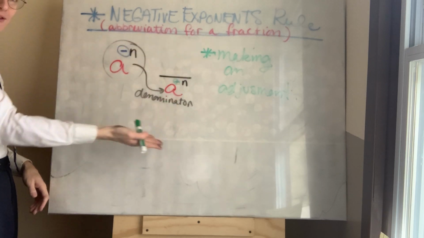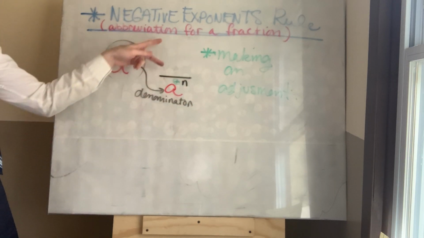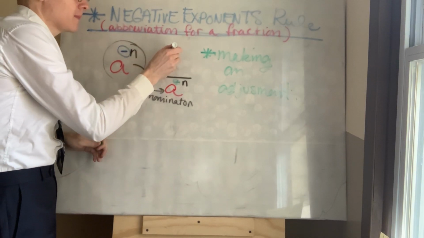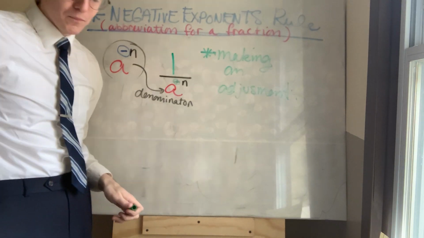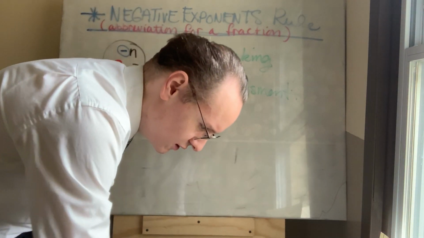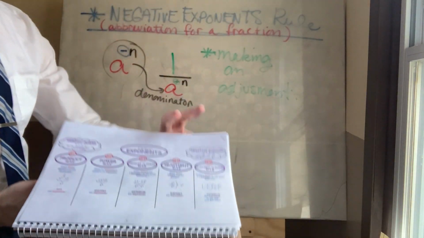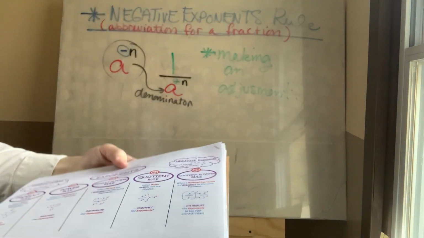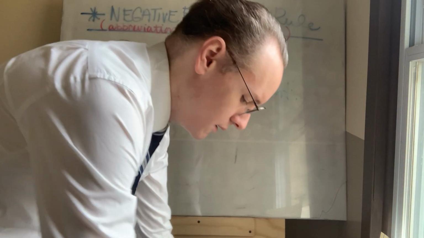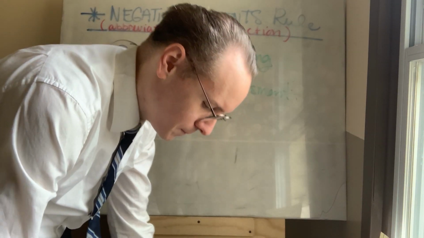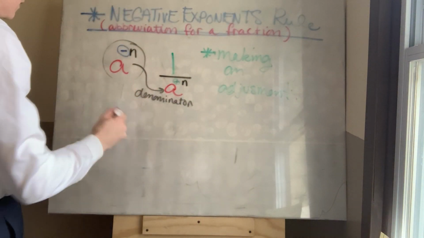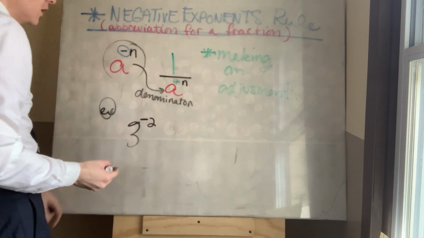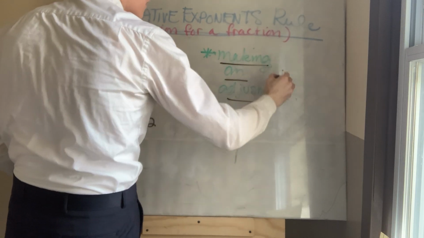If I were to complete this thought, and I definitely should, I can't just leave a fraction without a numerator. So assume that you will put the number 1 there. Again, not to beat a dead horse here, but this is summarized in this little thought blurb over here. Here's a couple of examples to illustrate. If you had 3 to the negative 2, make the adjustment first.